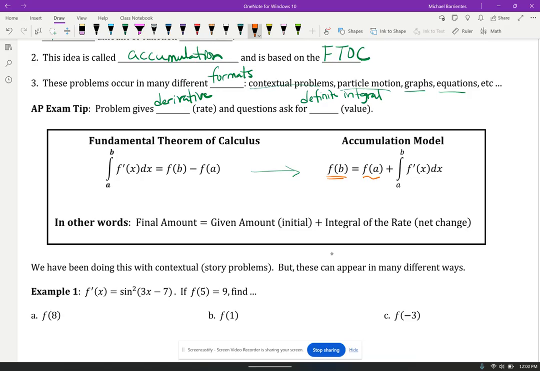Well, this says, what if we add the initial amount to the other side? Then we're going to have initial amount plus the definite integral, which tells me how much it's changed in that interval. Well, then that's going to give me the final amount. And that's the big idea and, I guess, the most useful idea of the fundamental theorem of calculus.